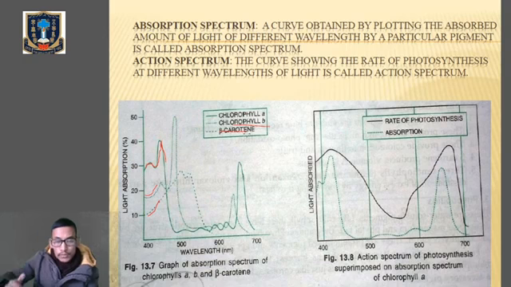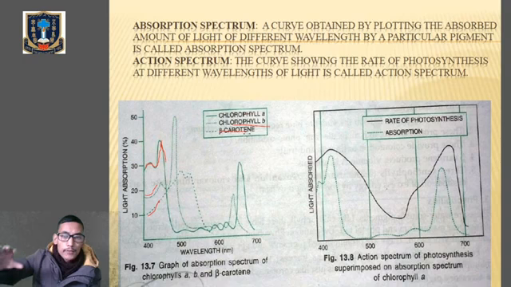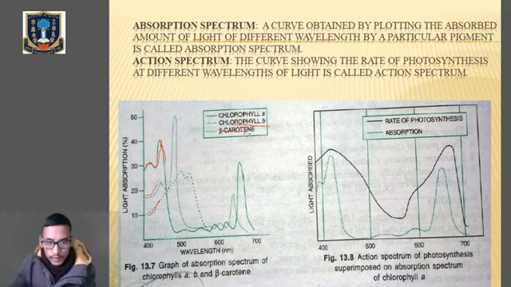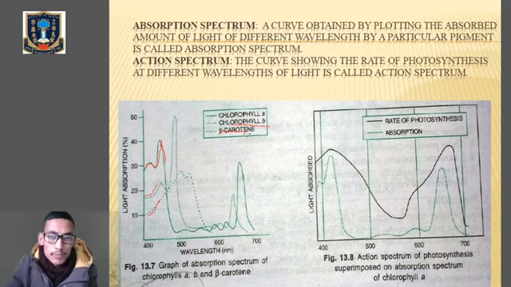When we plot the wavelength of light absorbed by the different pigments, we get a curve or graph which is called the absorption spectrum.